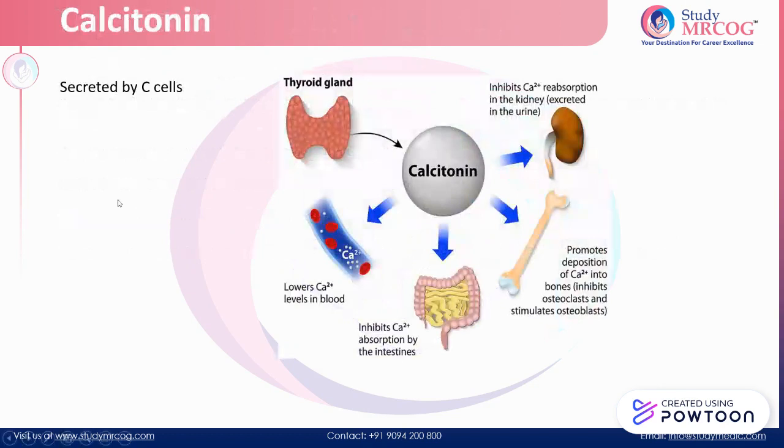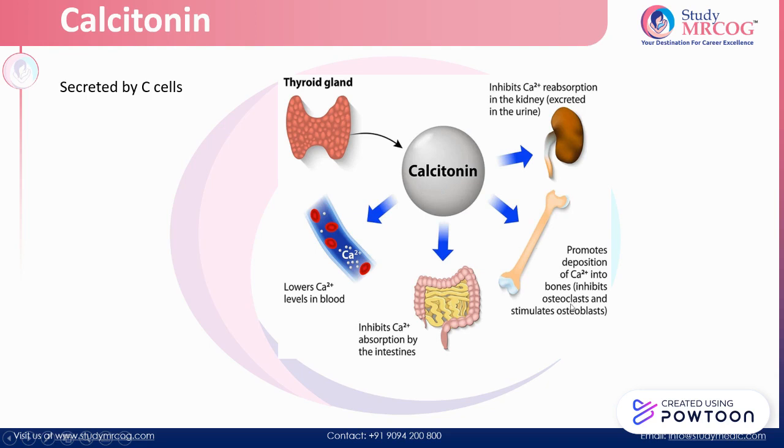Now, coming to calcitonin. So, this is secreted by the C cells. Remember, calcitonin, it tones down the level of calcium in the blood. Whenever there is excess of calcium in the blood, thyroid gland will secrete calcitonin, and this decreases the level of calcium in the blood. So, how does it do that? It inhibits absorption from the intestines.